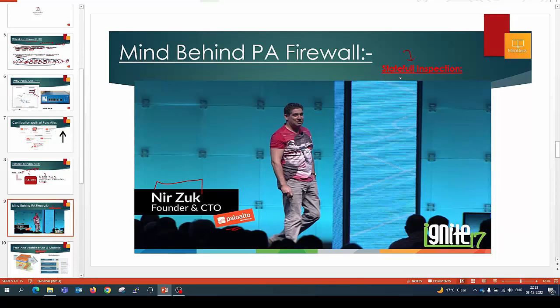We have a firewall company, Checkpoint, right? That company developed this technology, and at that time he was the person leading the team working on stateful inspection. This is a patented technology of Checkpoint. All the firewall vendors using this technology pay royalty to Checkpoint, including Palo Alto.